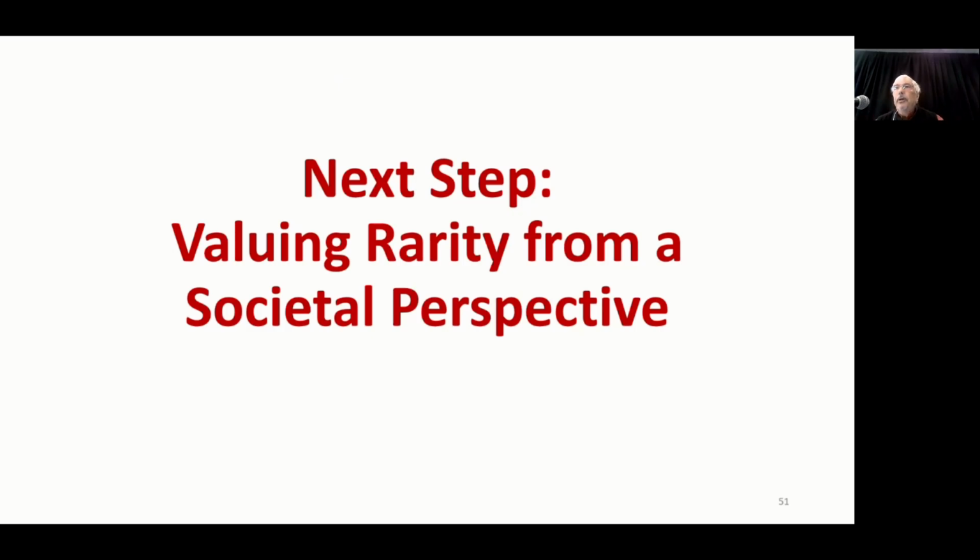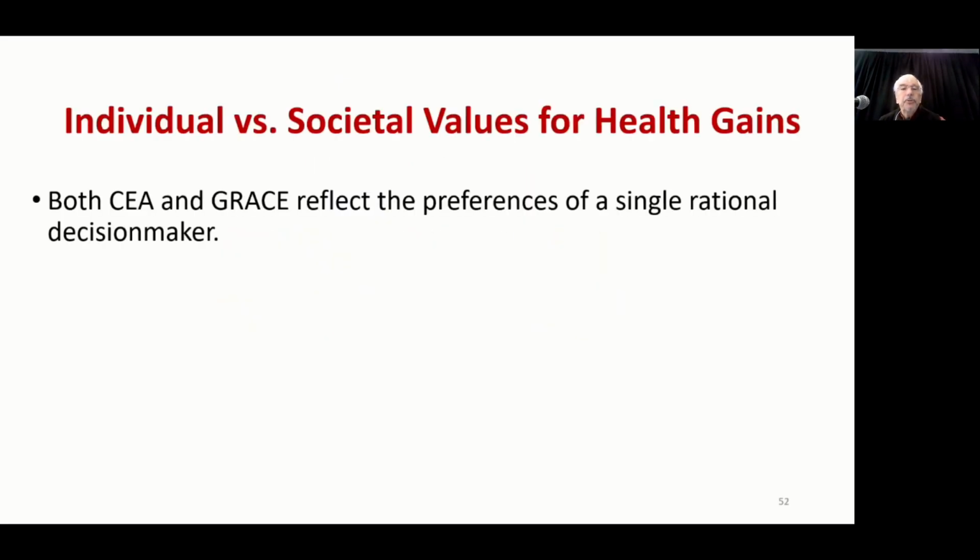I promised to you earlier that I would come back and talk about the equity concerns that are one of the remaining petals, and GRACE cannot deal with that on its own, because GRACE, just like cost effectiveness, is based on the preference of a single rational decision maker.